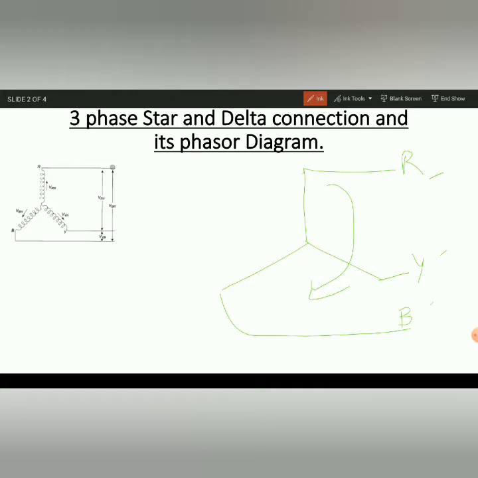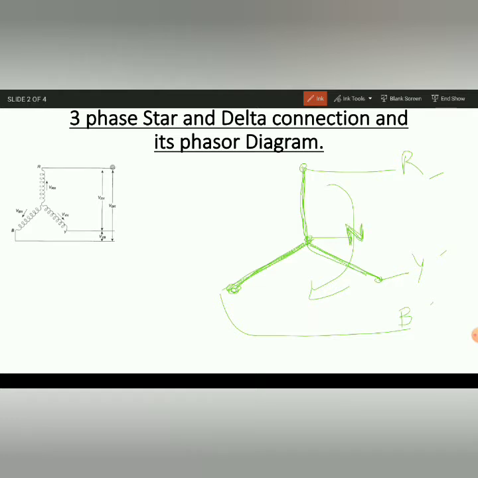Here this is the R phase, this is the Y phase and this is the B phase. Okay, so this is the end terminal, this is the end terminal, this is the end terminal. Now here when all the phases meet at one point, we call this the neutral.